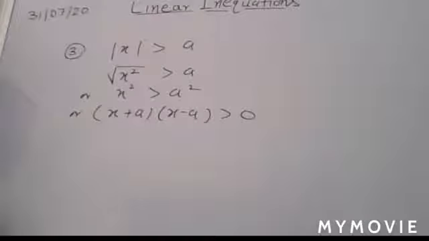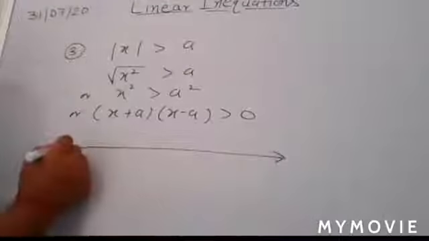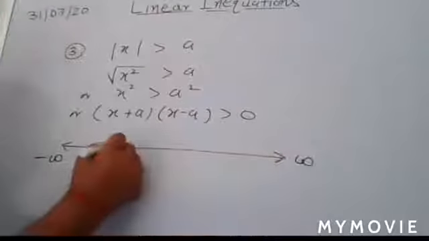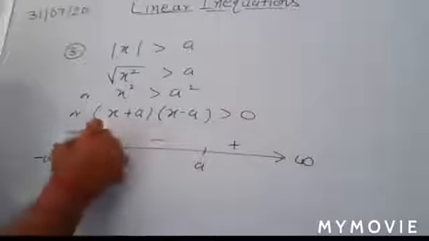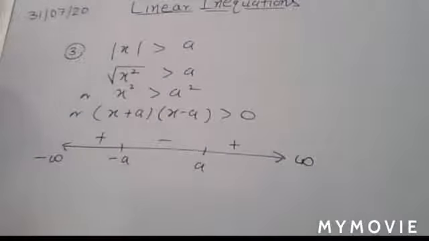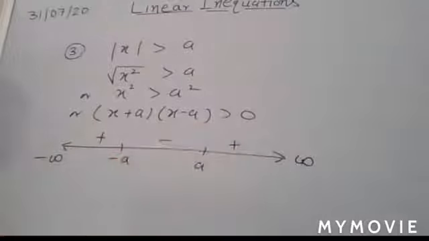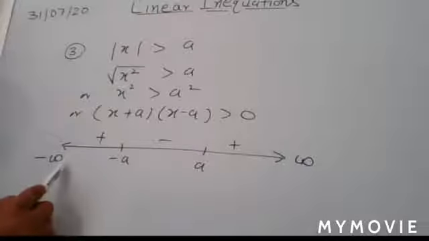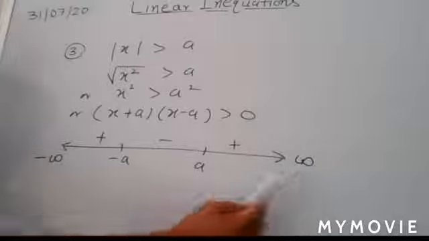You have to write in this way, and draw number line. Here you have minus a, this side here you have a, positive, negative, positive. And here you see that their product is greater than 0, means positive, and your positive region is minus infinite to minus a and a to infinite.